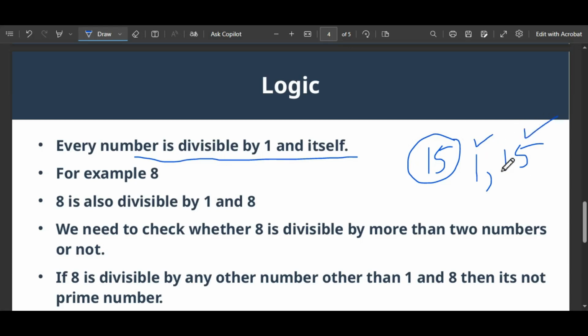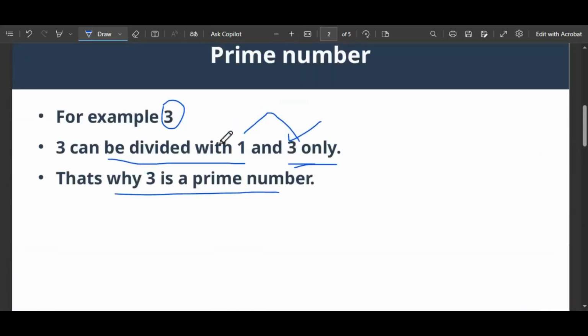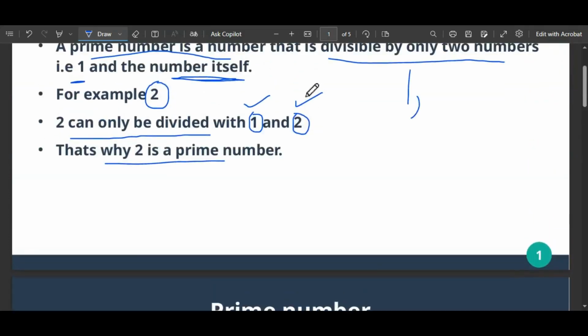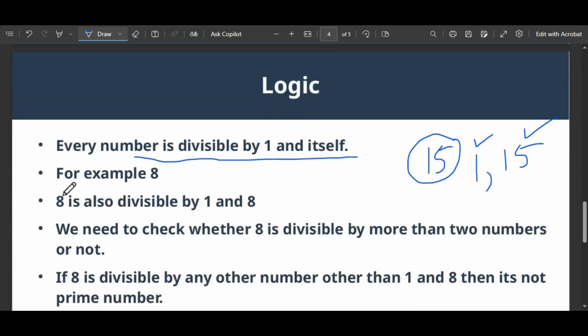It's a very important rule, so remember it. In the above case also, 4 is divisible by 1 and 4 itself. Similarly, 3 can be divided using 1 and 3 itself. 2 can also be divided by 1 and 2 itself. So this is a very important rule.